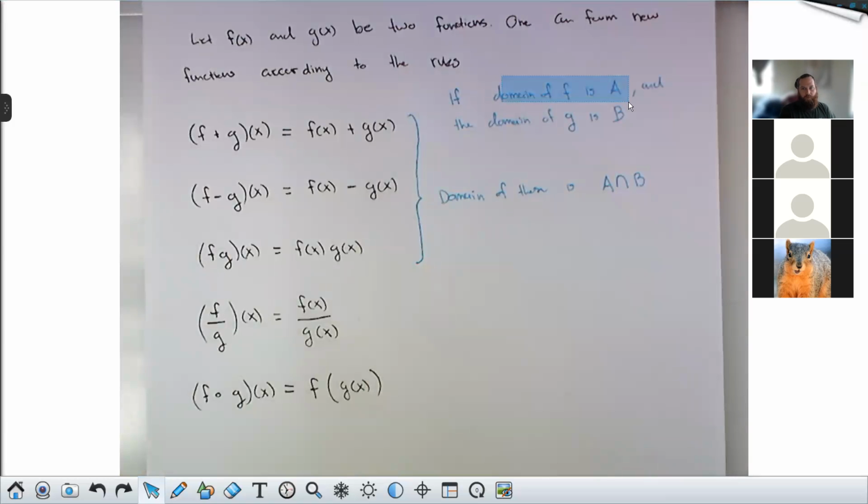So if the domain of f is A, that's the domain of the first function. The domain of g is B, that's the domain of the second function. I want to figure out what the domain of f plus g is. Well, in order for a number to be in the domain of this function, it has to be in the domain of f, otherwise I couldn't plug it in here. And it also has to be in the domain of g, otherwise I couldn't plug it in here, which means it has to be in both domains, and that's the intersection.